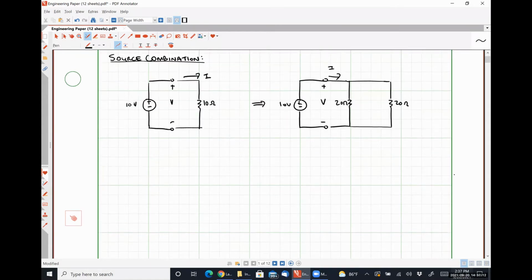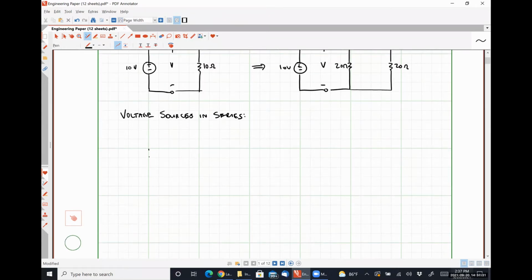So let's start by talking about voltage sources in series.